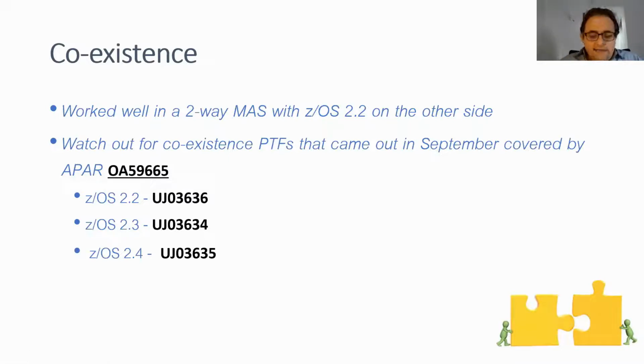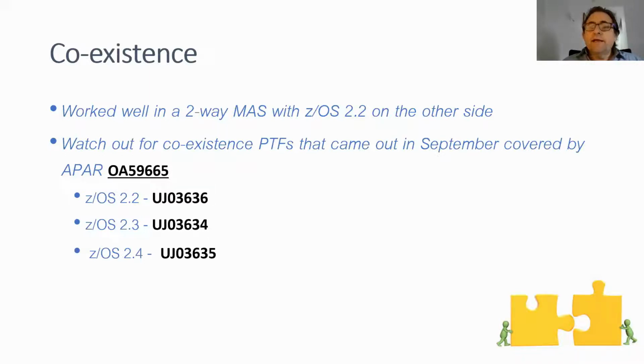Coexistence. I tested coexistence with z/OS 2.2. So I had the two-way multi-access spool with 2.4 on one side and 2.2 on the other side, and it all worked well. And the 2.2 was using the exit, and the 2.4 was using the policy, and that was okay. But then I stumbled across this PTF in September. That came out in September, and I'm specifying that because, as you may know, z/OS 2.2 was end of support at the end of September.